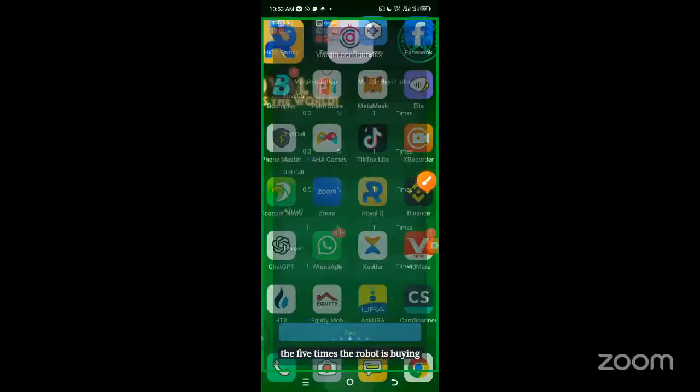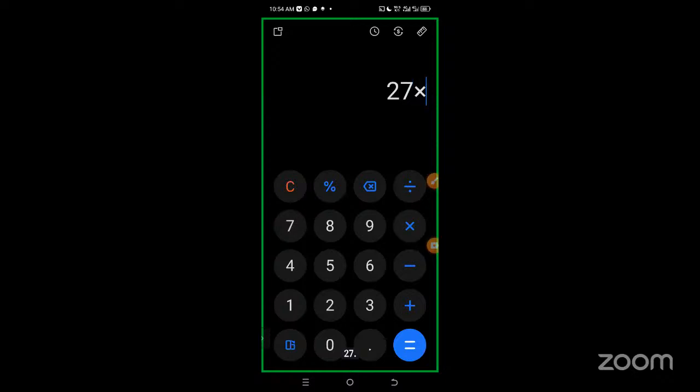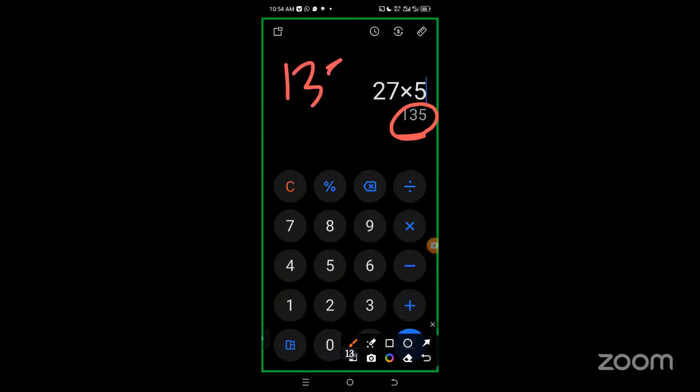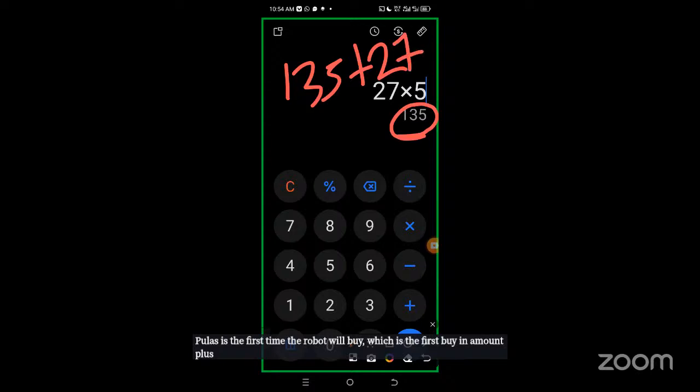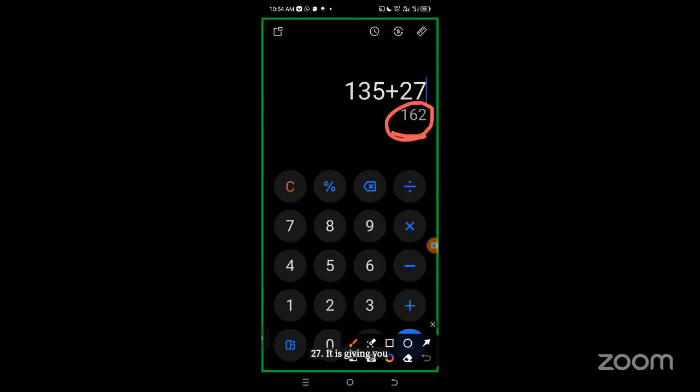So it is 27 times 5, which is $135, plus the first time the robot will buy, which is the first buying amount, plus 27. 135 plus 27 gives you $162.